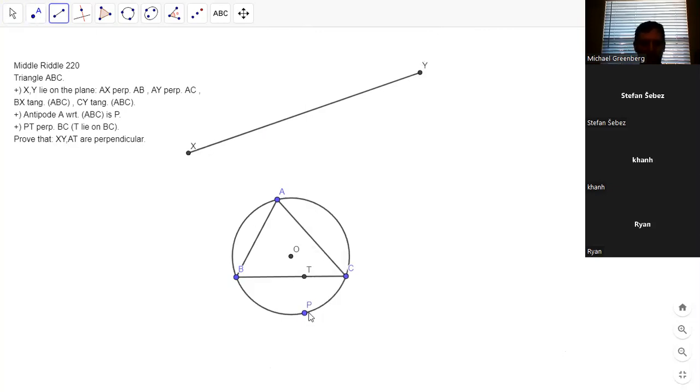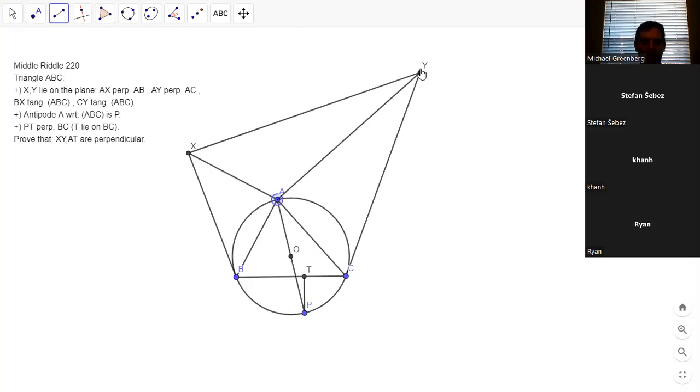All right. So these are tangent. I don't know if it's worth intersecting them, but if you guys think of a way that could be useful, I'll do it. And then this is perpendicular and this is perpendicular.